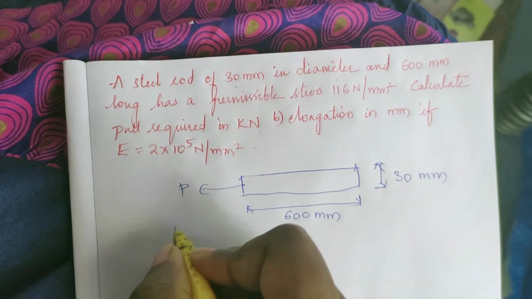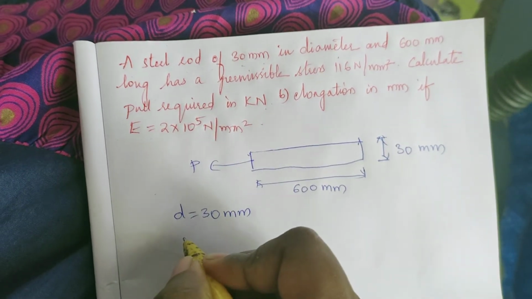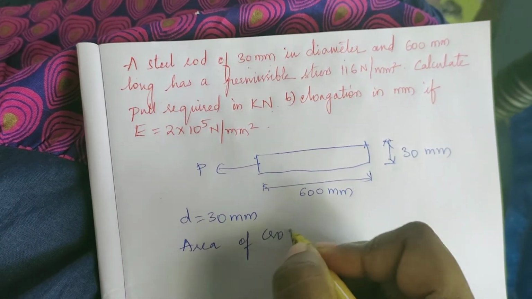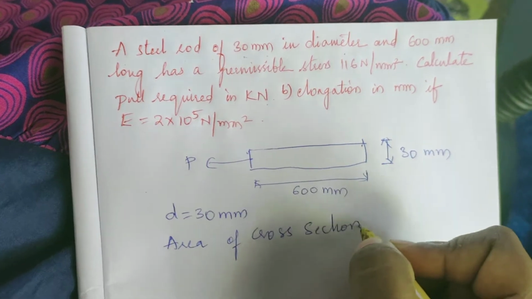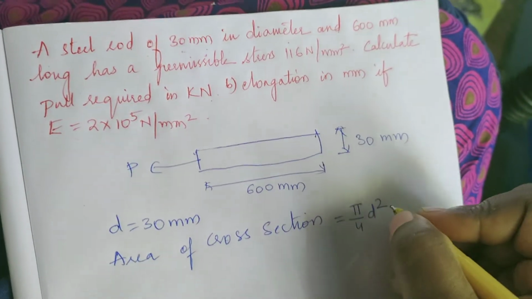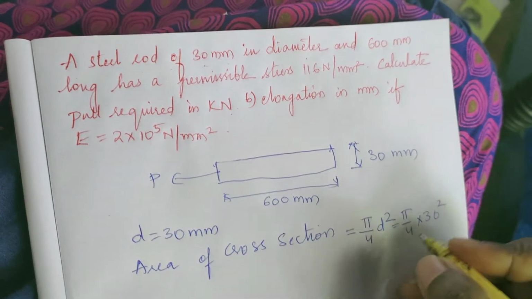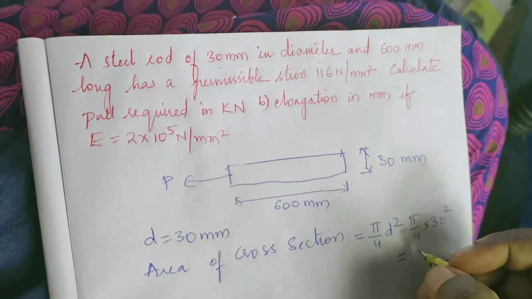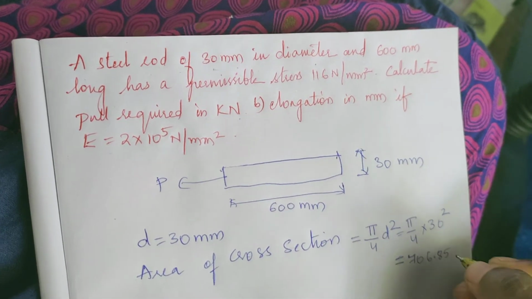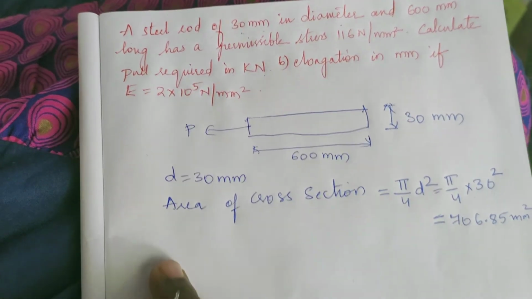Given the diameter is 30 mm, from this you can find the area of cross section, that is pi by 4 d square. So this is nothing but pi by 4 into 30 square. So how much will you get? 706.85 mm square. This is the value that you get by making use of the diameter.